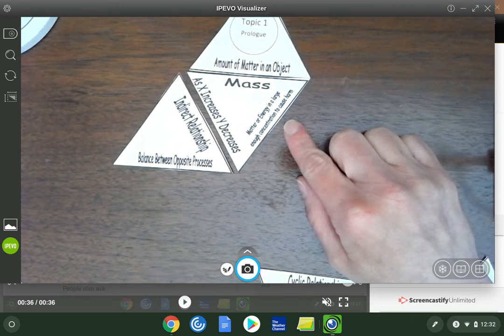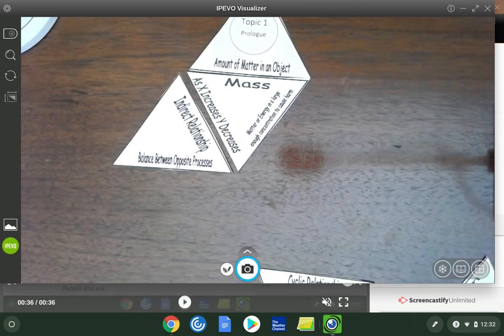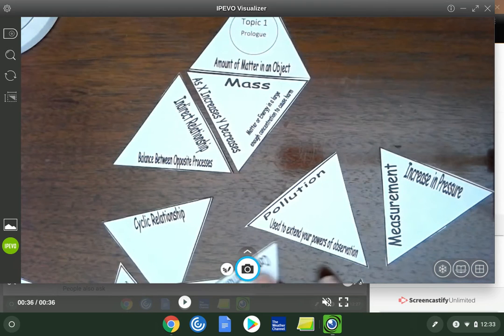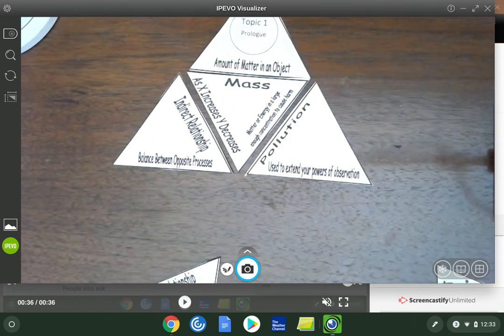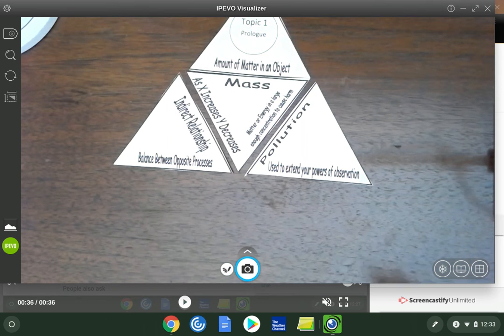Okay, let's look at the other side. Matter or energy in a large enough concentration to cause harm. That's not something we've talked about yet, but when we look through what our words are, something causing harm, that's pollution. Next one, balance between opposite processes.